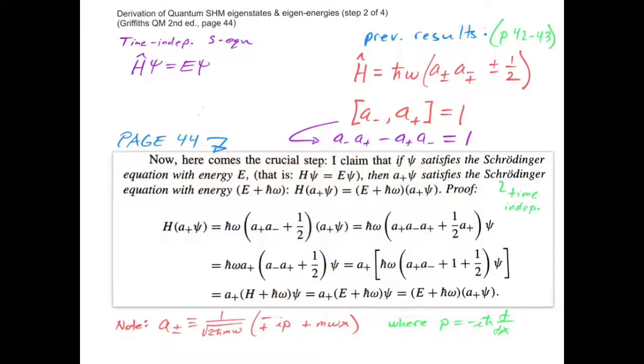Written out in symbols, Hamiltonian operating on A plus psi will give us E plus h bar omega multiplied by that function A plus psi.